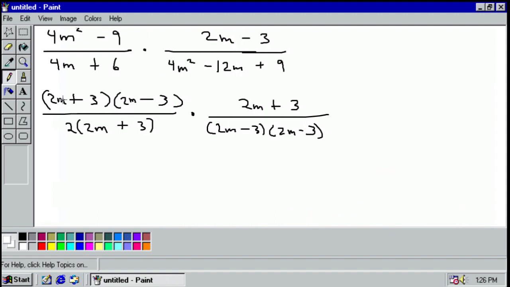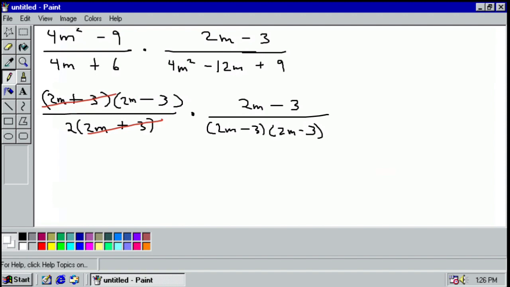And cancel this one and this one since they are the same. Also cancel. Oh, I forgot this should be negative since it doesn't have a factor. We're just gonna copy it. I put a plus sign there, I'm sorry.